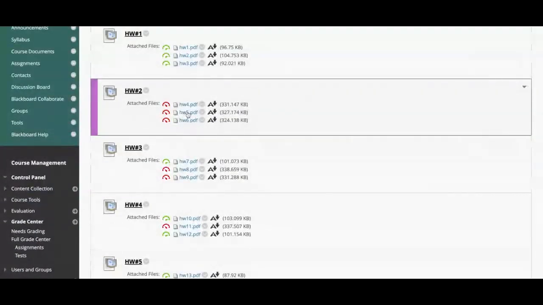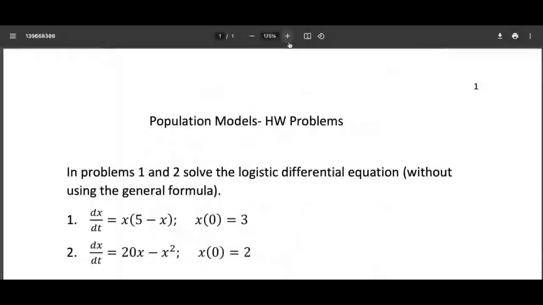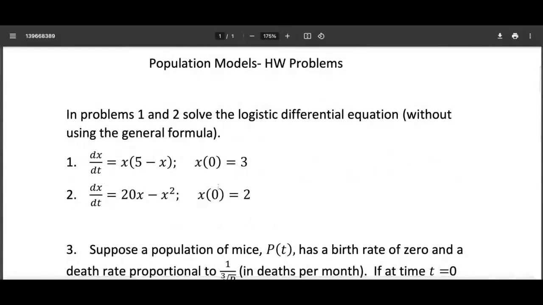Which one will be M in this one and which one will be P in this example? Hold on one second. Number 1, the first one, yes. 5x minus x squared. Okay, so solve the logistic differential equation without using the general formula. x of 0 equals 3.